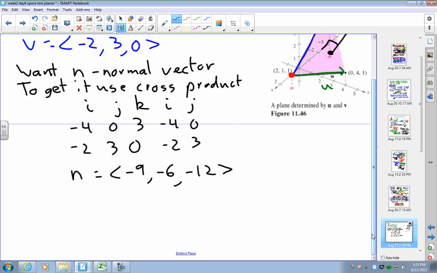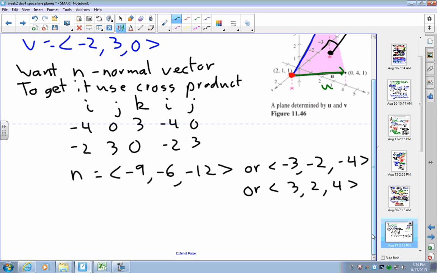Okay? Now notice, can I reduce that if I wanted to? Remember, it's a scalar of itself. So could I make this, let's see, each one's divisible by 3. So negative 3, negative 2, and negative 4. Is that okay? Or each one was divisible by not only 3, but negative 3. So I could do 3, 2, 4.